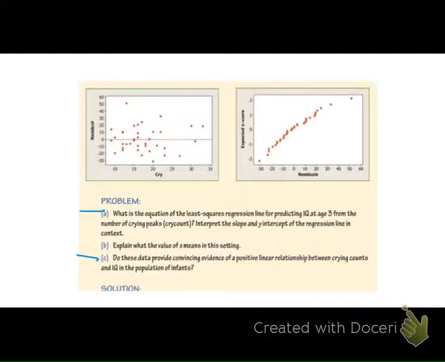And then for part C: do these data provide convincing evidence of a positive linear relationship between crying counts and IQ in the population of infants? So basically this part means, hey, do a t-test. This test is known as a linear regression t-test. And on your calculator, it's called LinRegTTest. The font on your calculator is almost as beautiful as the font I've chosen.